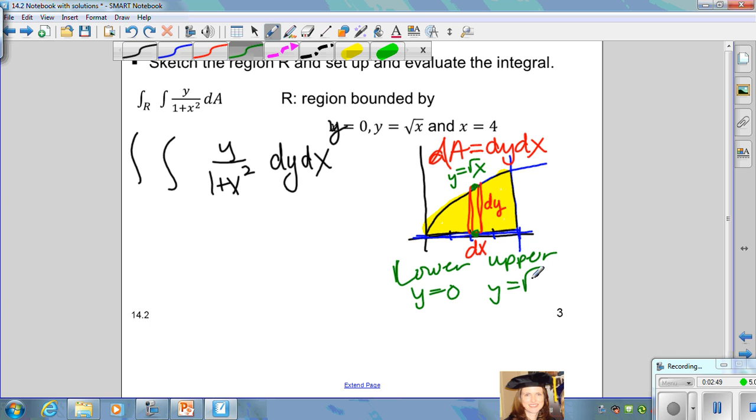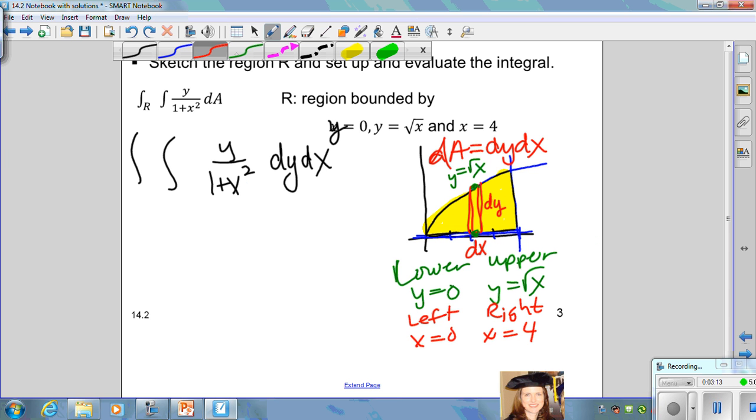Then slide that rectangle all the way to the left to get your lower bound for x, which is x equals 0, and slide it all the way to the right to get your upper bound for x, which is x equals 4. So these are going to be our bounds of integration.